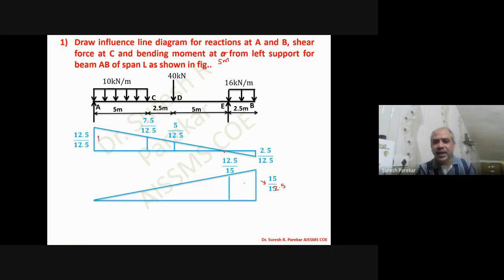This ordinate is definitely greater than 1. We measure the distance from this point and use similar triangles to find the values: at D we have 7.5 upon 12.5, and at C we have 5 upon 12.5.